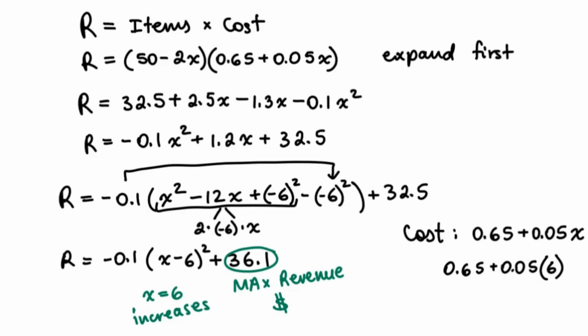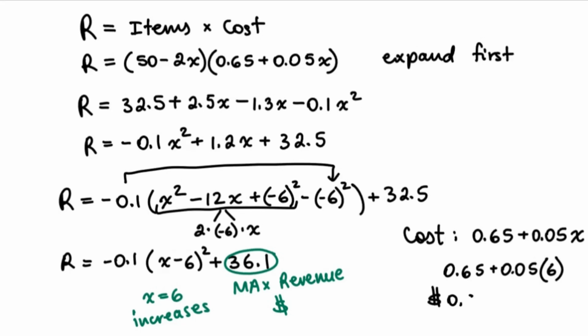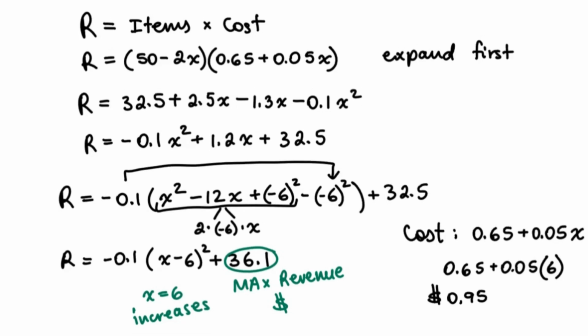And that will result in 0.95. So this is the cost that will maximize the revenue.